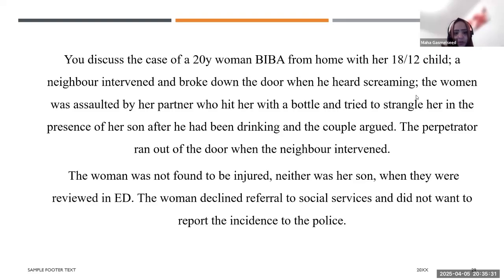They ran out of the door when the neighbor intervened. The woman was not found to be injured, neither was her son. When they were reviewed in ED, the woman declined referral to social services and did not want to report the incident to police. So if you can keep this and discuss it with your colleagues.